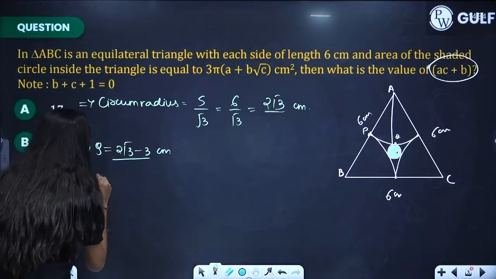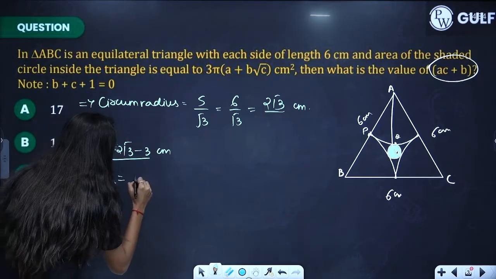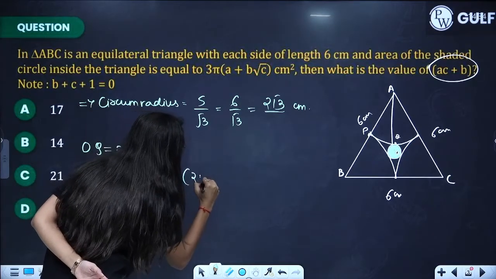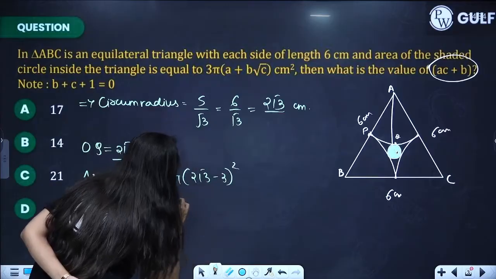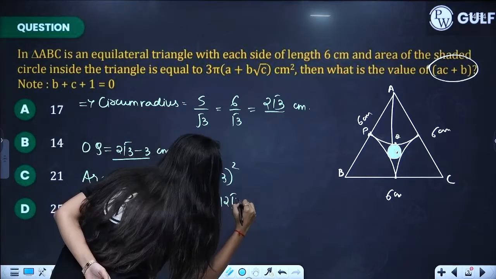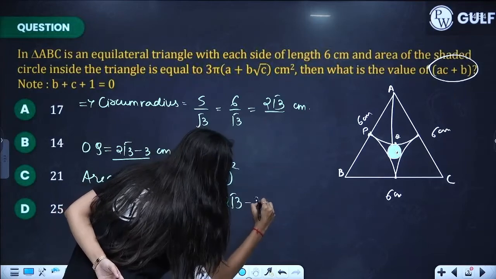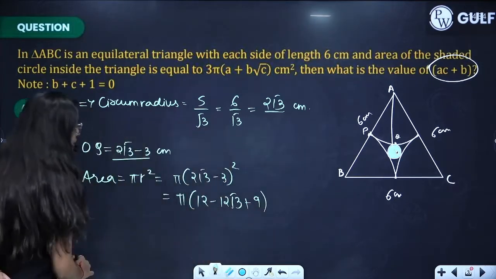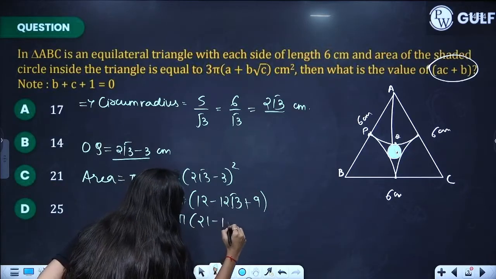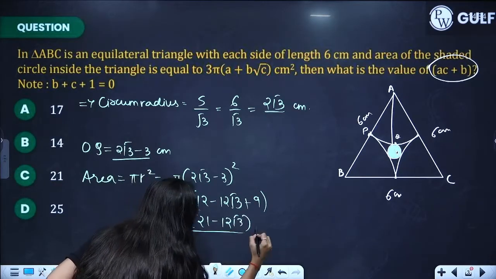To find its area, area equals pi r square, which is pi into 2 root 3 minus 3 whole square. Squaring it, I'm getting 12 minus 12 root 3 plus 9. Solving further, I'm getting pi into 21 minus 12 root 3 centimeter square.